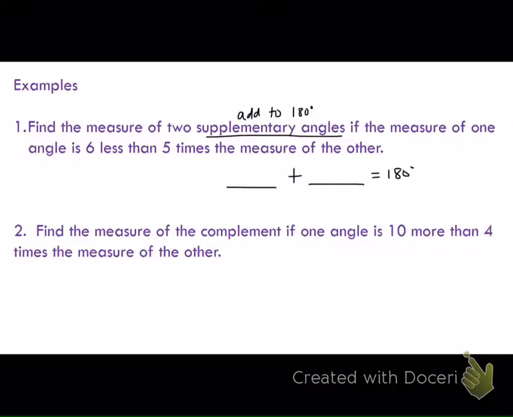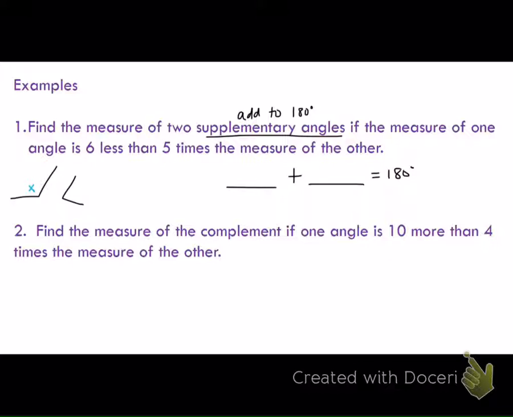They could be a linear pair, but they don't have to. So I'm just going to draw 2 angles that could be the right measures. And it needs to be in terms of one of the angles. So I'm going to call one of my angles x, just so I know that I can use it.